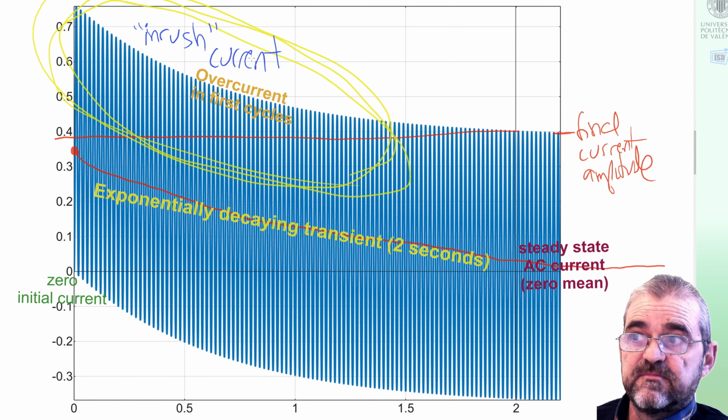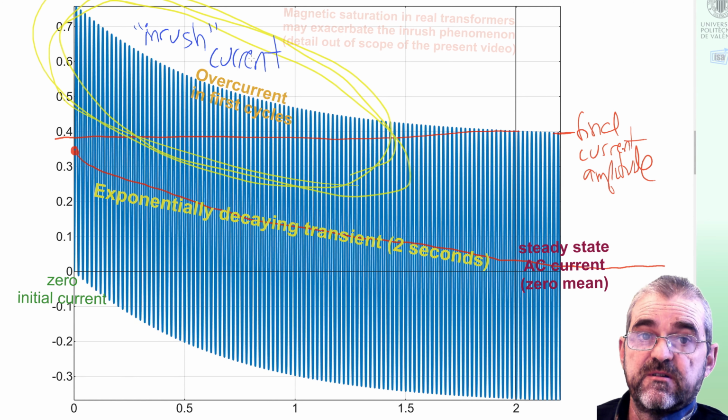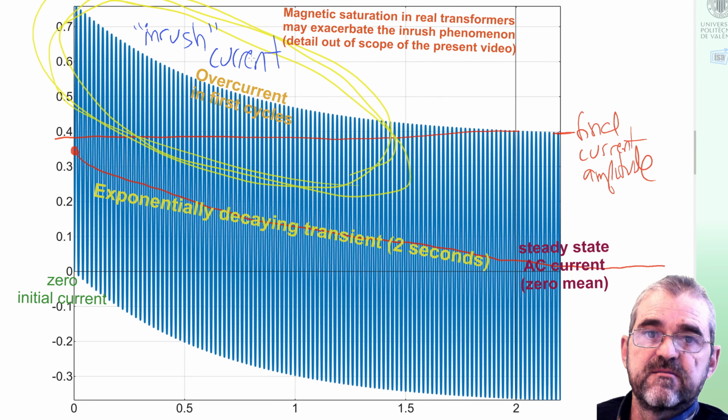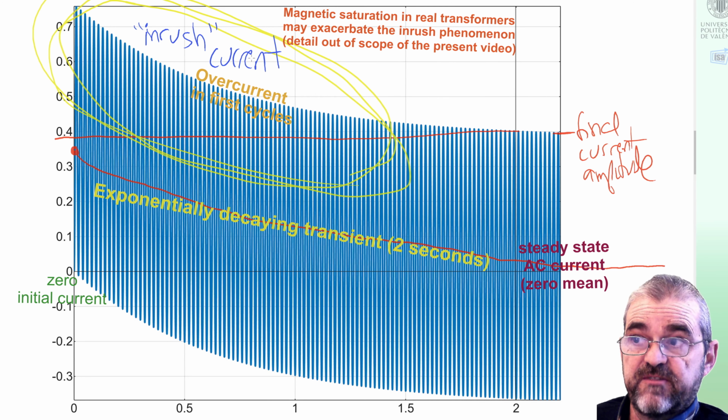And in real transformers, in which we may enter magnetic saturation, this inrush current, instead of being double, can be, let's say, 6 or 10 times larger than that of the final steady state AC. And this takes 2 seconds to vanish, so maybe some fuses may blow in the meantime.